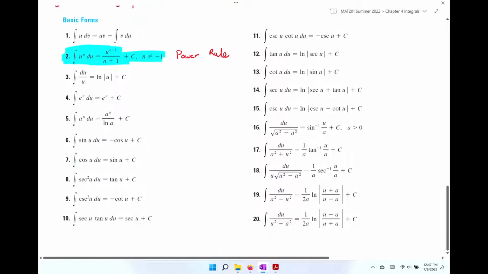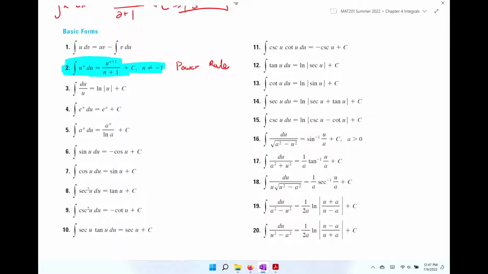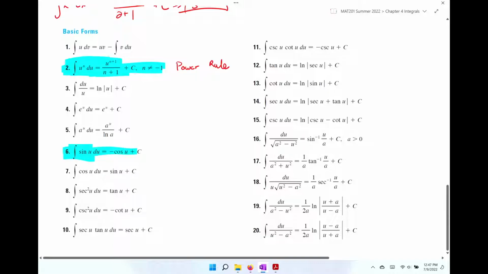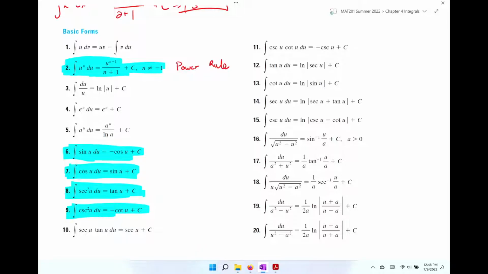All right, but you're responsible for rule number 2. All right, you will be responsible for the 6 basic trig rules, and they will be straightforward. Okay, I'm looking for the integral of a constant, but I don't see it here.